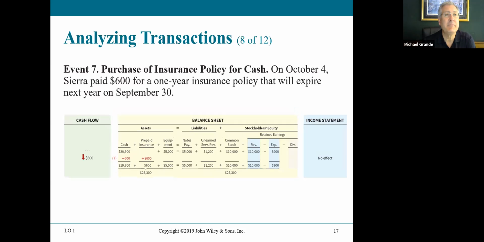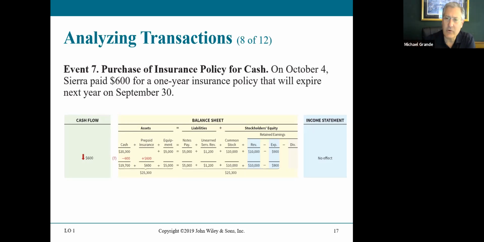Event number 7, purchase of insurance policy for cash. On October 4th, Sierra paid $600 for a 1-year insurance policy that will expire next year on September 30th. So this one's a little tricky. Let's deal with the cash part. They paid cash. Cash is an asset. It's a subtraction. Cash went down.